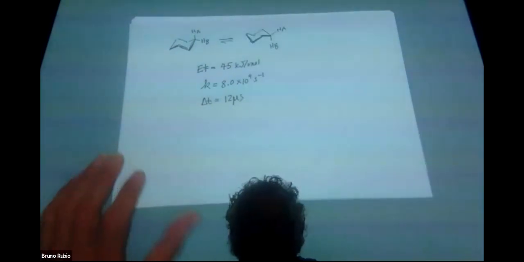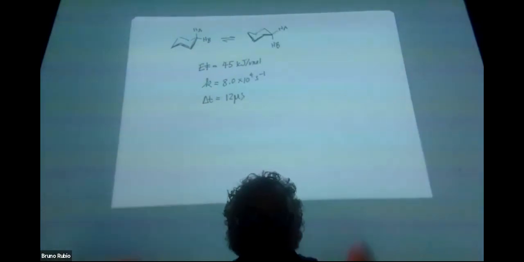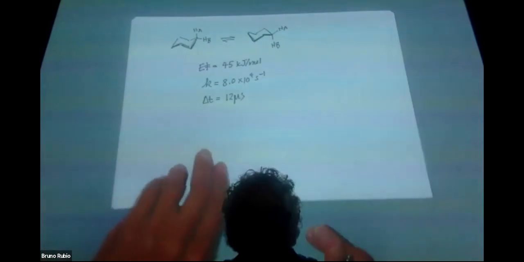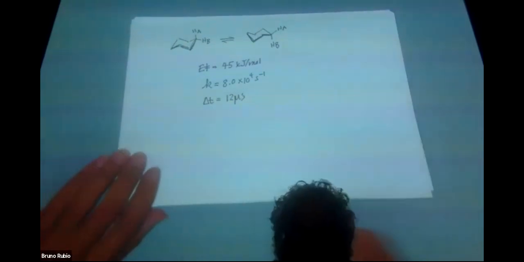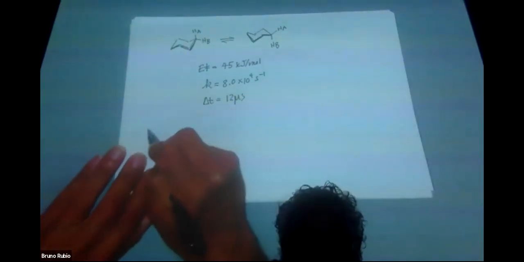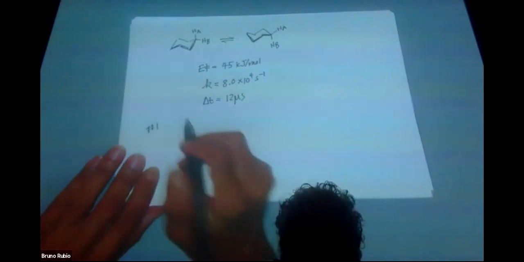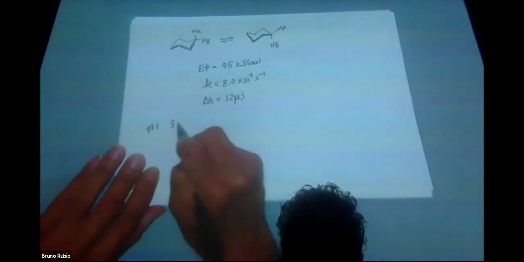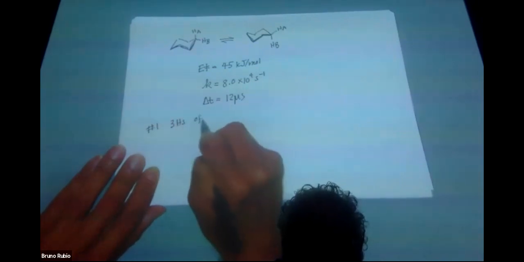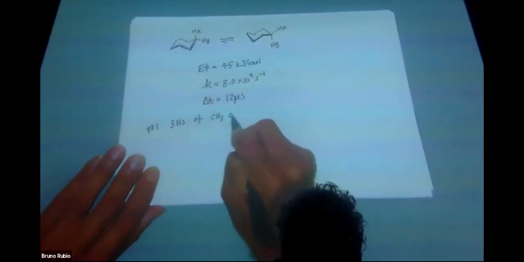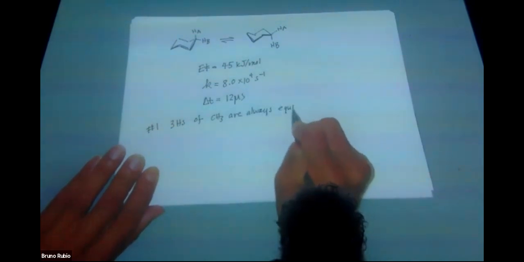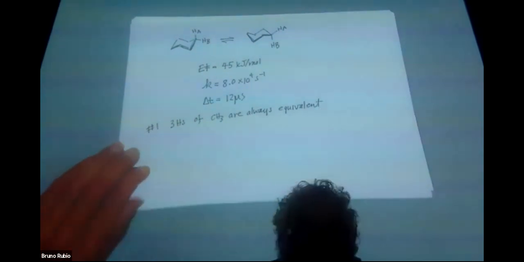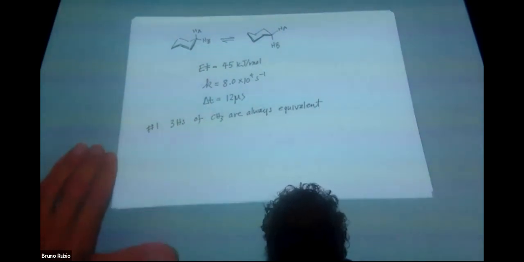All right, so there are more consequences to this rapid mechanism than with the chair. And so let me give you the executive statement about the rapid mechanism, and then we'll unpack it. All right, so first proposition here is that the 3 protons of a methyl group are always equivalent, either by symmetry or by a rapid mechanism.